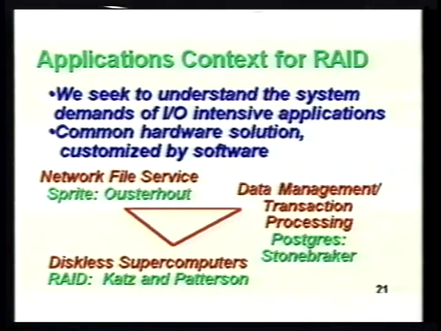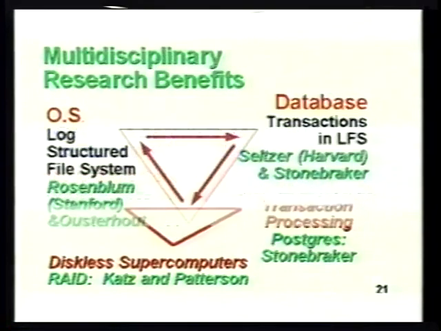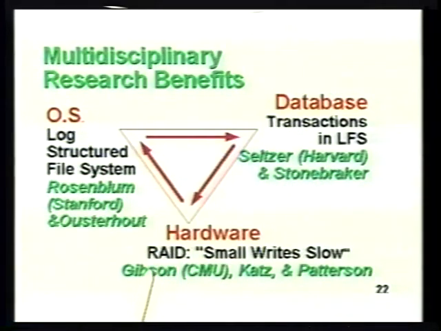The reason I really like this style of multidisciplinary work is what happens and is shown on the next slide. Garth Gibson, who's now an assistant professor at Carnegie Mellon University, Randy Katz and I did the papers where we talked about the advantages of RAID, but it has this drawback of small writes being slow, which I talked about earlier.